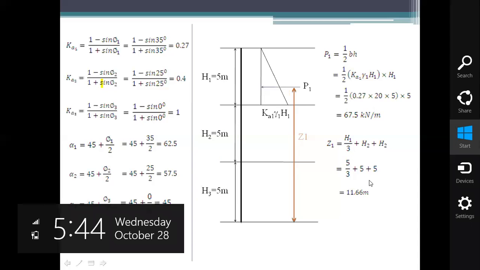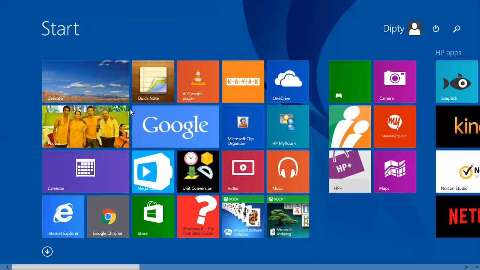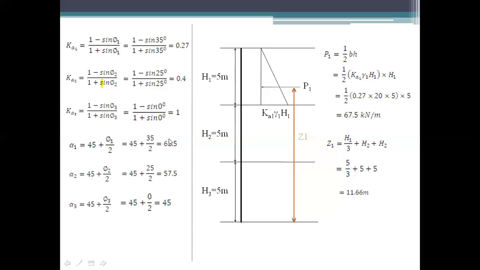So the answer comes to 11.66 meters. So this is the force P1 for the first diagram of the first layer. Now let's see the second one.